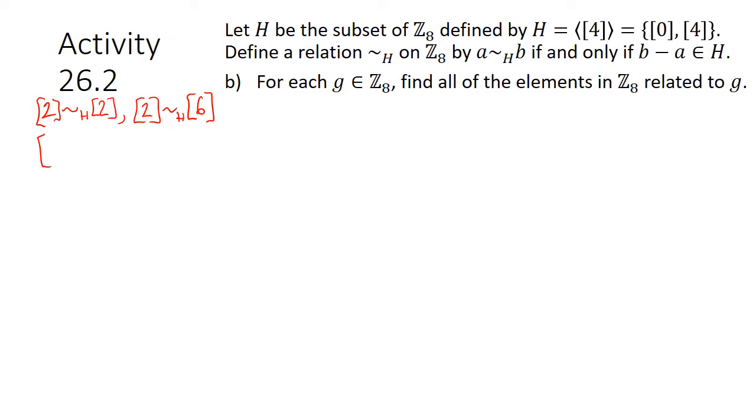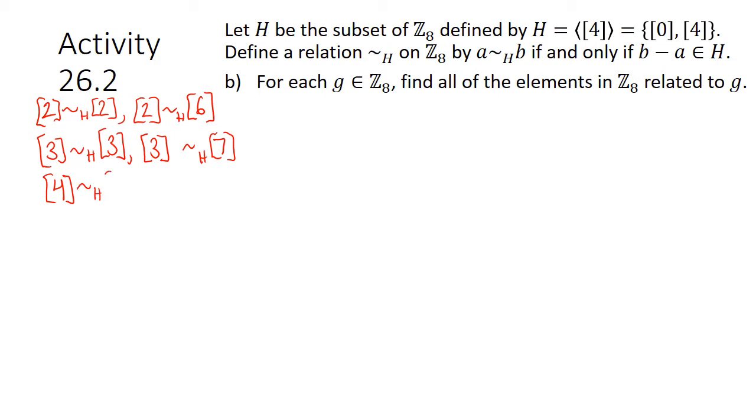Okay, so now let's do this for the other elements. So of course, let's see, 3, let's do that one next. 3 will of course be related to itself, because 3 minus 3 would be 0. And then what would we subtract 3 from to get 4? That would be 7. So 3 will also be related to 7.